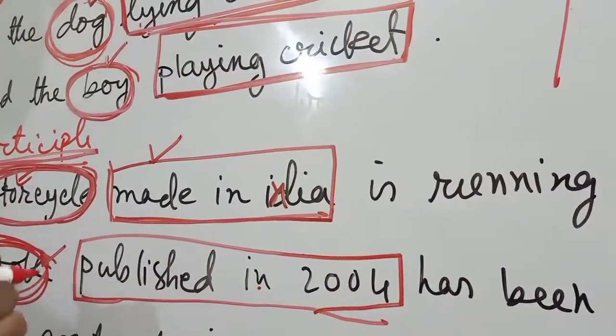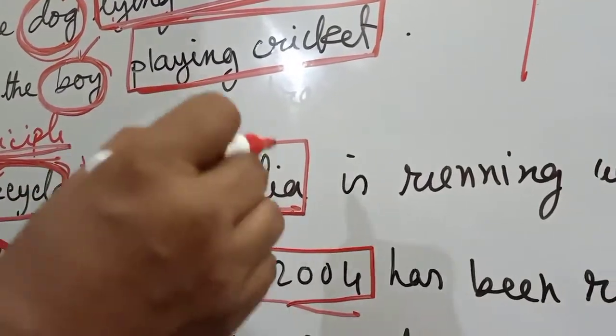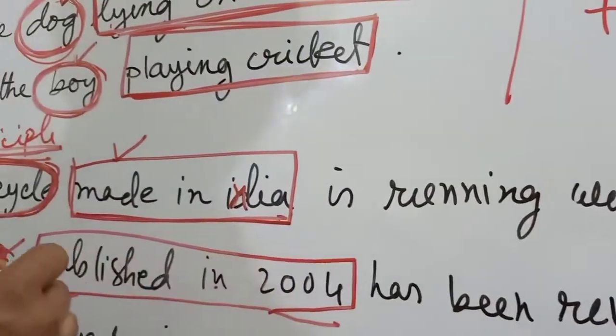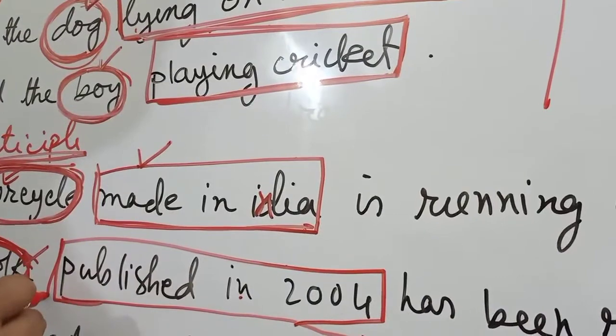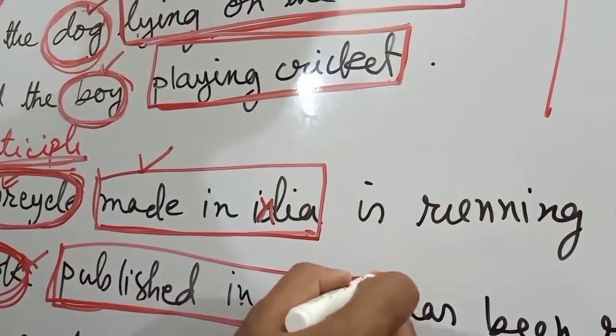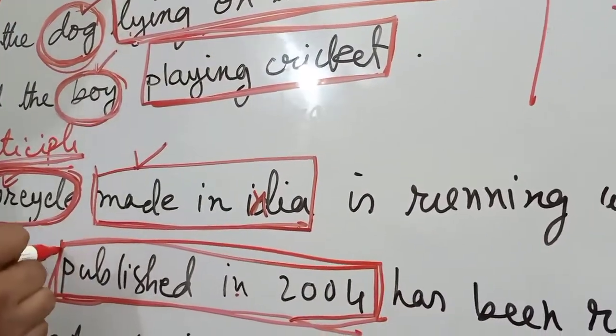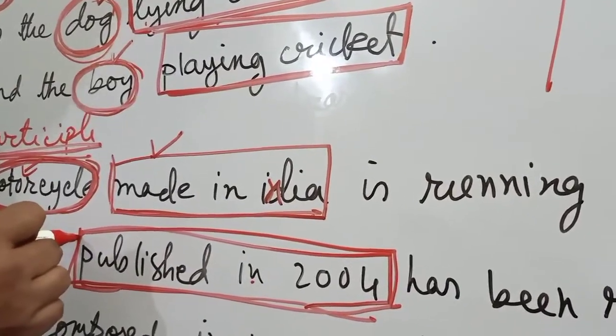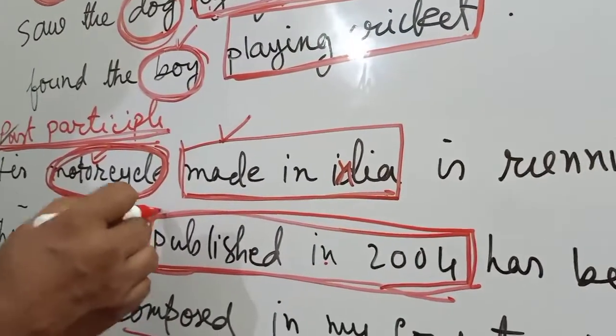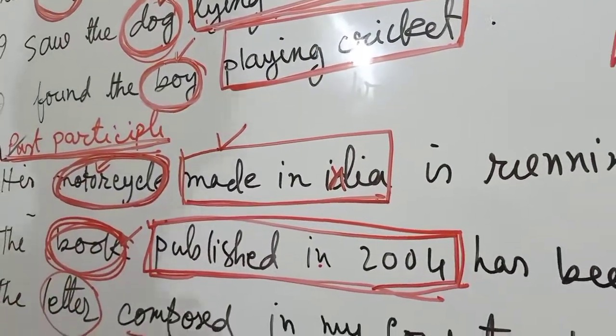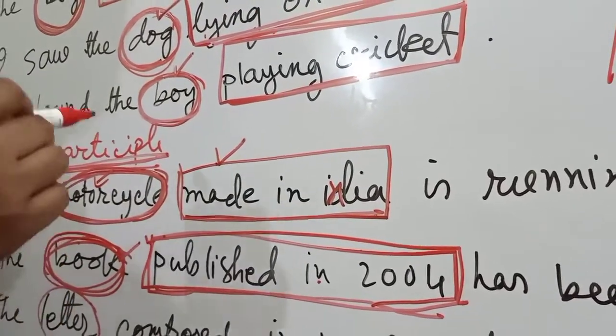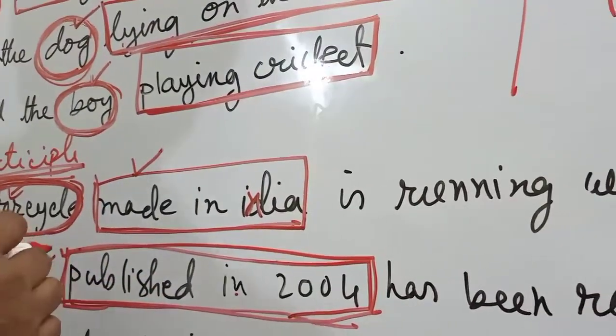Which book? That was published in 2004. Here, "published in 2004" is a past participle phrase. This past participle phrase is modifying the word book and is used as a post modifier.